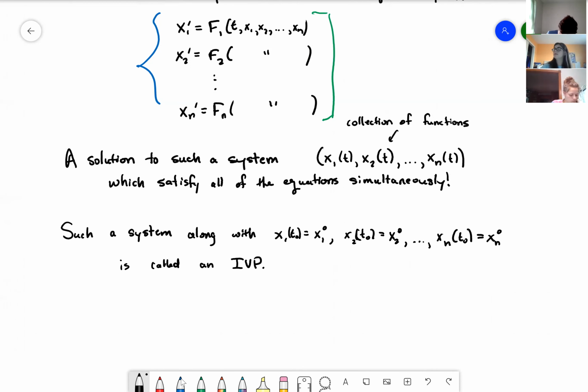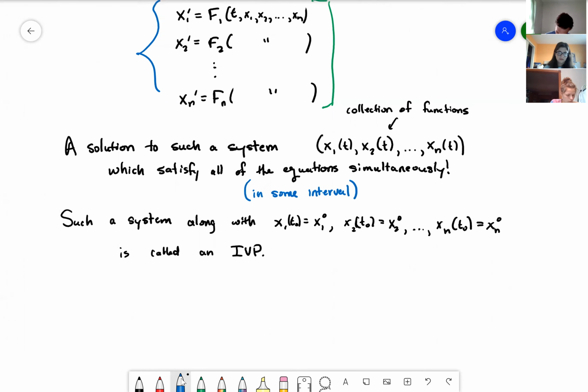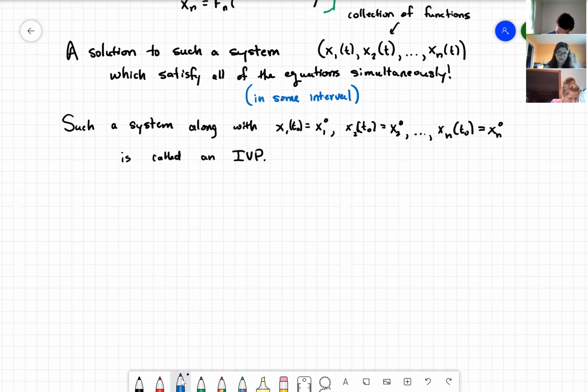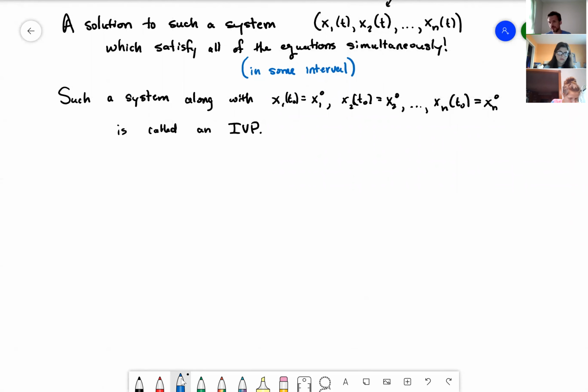And it's important to note, so maybe I'll put this right here, that we have a solution which satisfies all the equations simultaneously in some interval. So we want a collection of functions that satisfies the system, at least within some interval around our initial point.